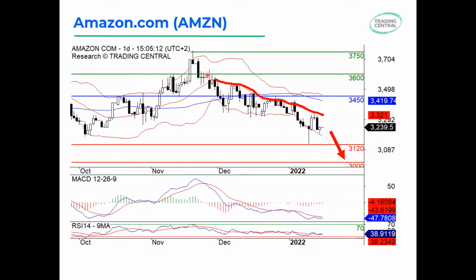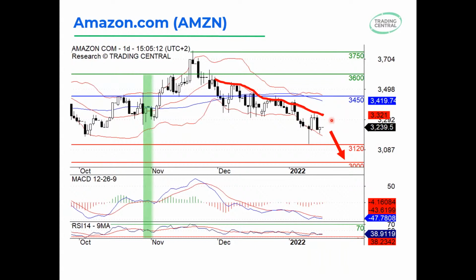For the whole of December and up to now, the stock price has been captured by the descending 20-day moving average. The 20-day is below the 50-day, and the stock is now striking the lower Bollinger Band. I do not see any bullish sign at the moment.